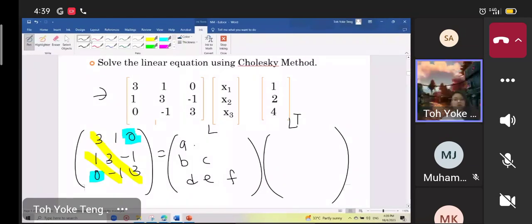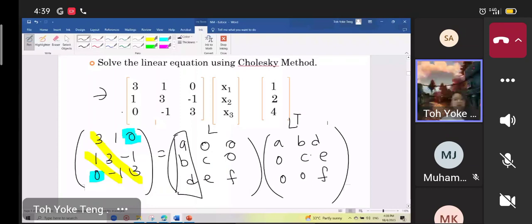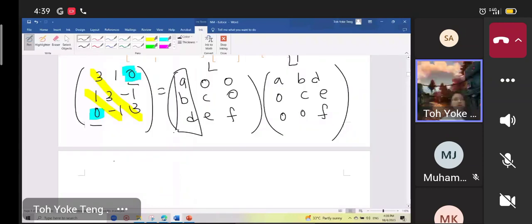For the transpose, you just write the terms in columns as rows: A, B, D, 0, C, E, and 0, 0, F. The other thing you will for sure get is that D equals 0, since the original matrix is tridiagonal. Once you get it in this form, again just the same thing, try to do the matrix multiplication as refers to here.